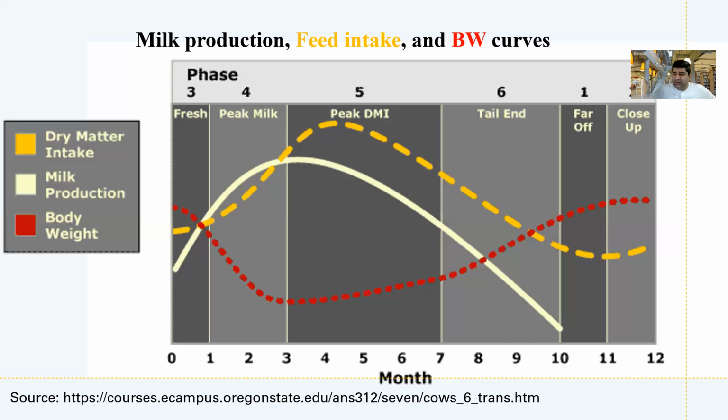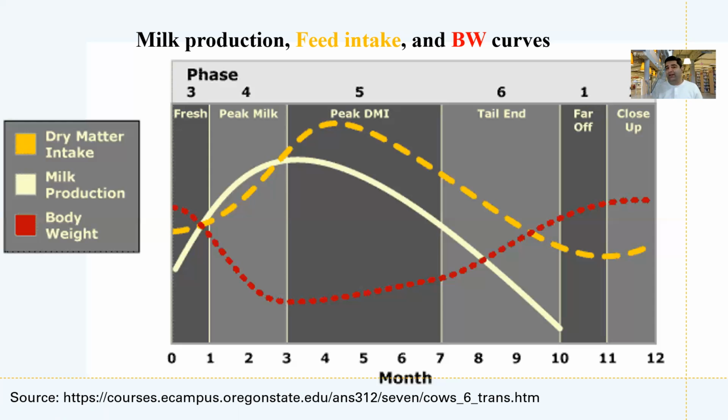And because of this lack of synchronization between peak of milk production and peak of dry matter intake, the cow is experiencing negative energy balance, different kinds of metabolic diseases. I would say any disaster that comes to the cow is because of this lack of synchronization between dry matter intake peak and milk production peak.